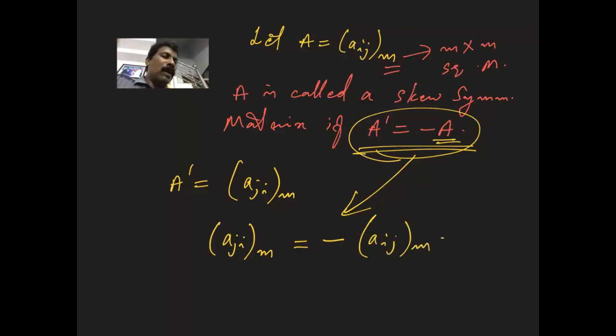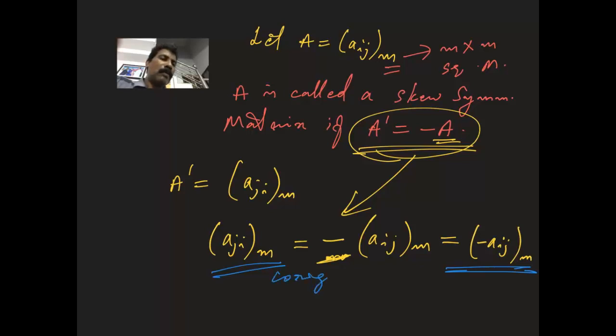So you know that this negative stands here, that is scalar multiple by negative 1. So we can take it inside, that is minus Aij order m. And now two matrices are equal. Therefore their corresponding entries are equal.